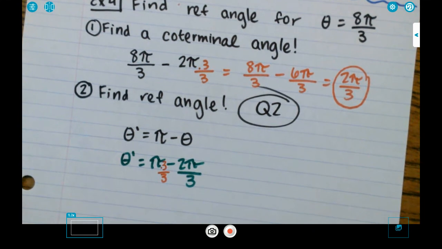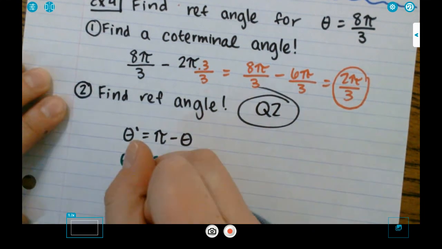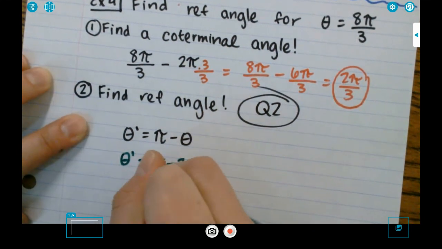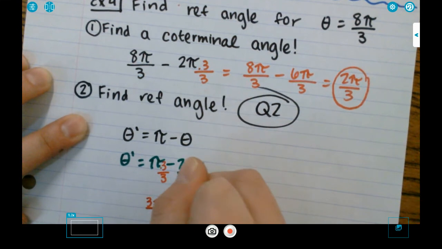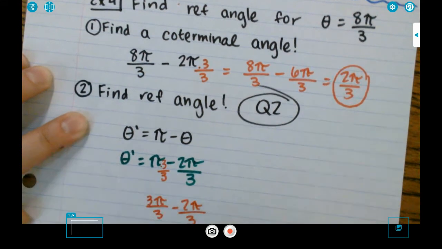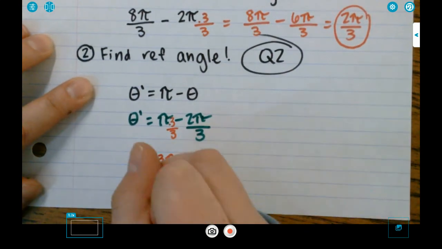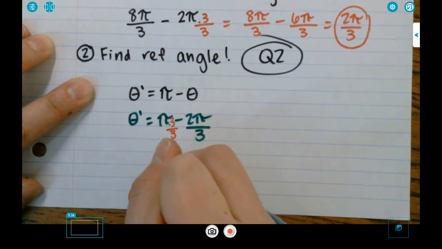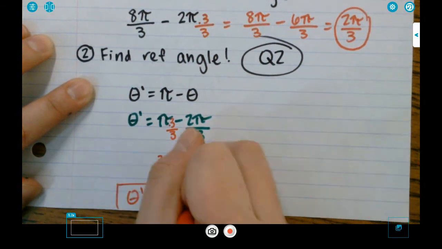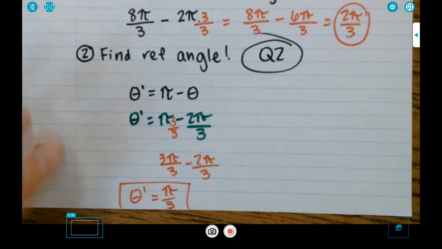What do I need to add to this to get it to be a whole? So, anywho, 3 pi over 3 minus 2 pi over 3, and eventually we'll get to theta prime. Oh, I'm off the screen here. Theta prime equals pi over 3. Cool. Questions, concerns, emotions, thoughts about this?